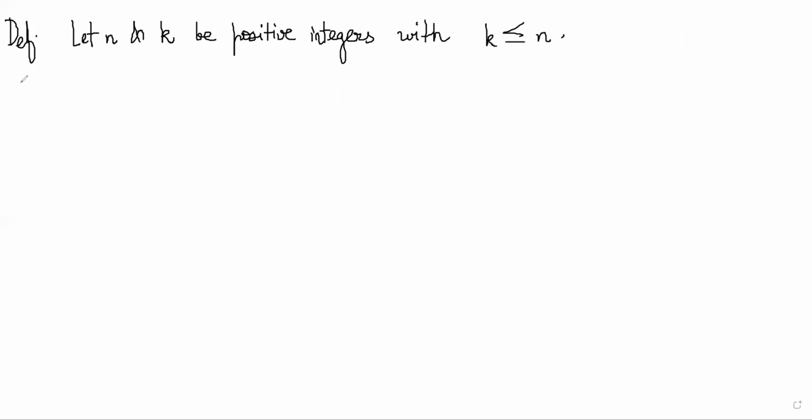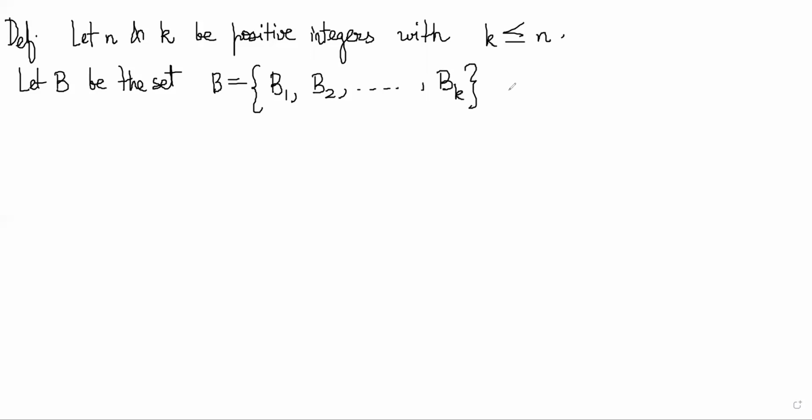Let B be the set B equal to the set of elements B1, B2, and so on till Bk, where each Bi is a subset of the set {1, 2, ..., n}.